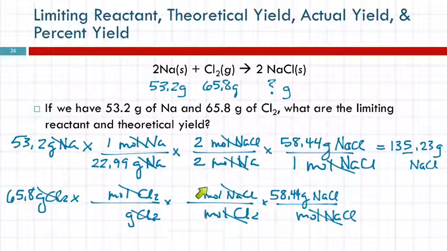The mole ratio, 2 moles of sodium chloride, but this time only 1 mole of chlorine. 2 moles of sodium chloride to 1 mole of chlorine. And then here, the molar mass of chlorine will be 2 times the mass of chlorine, 70.90.